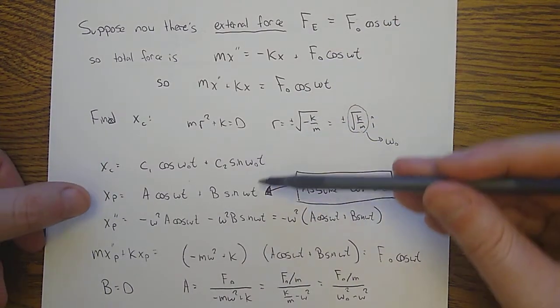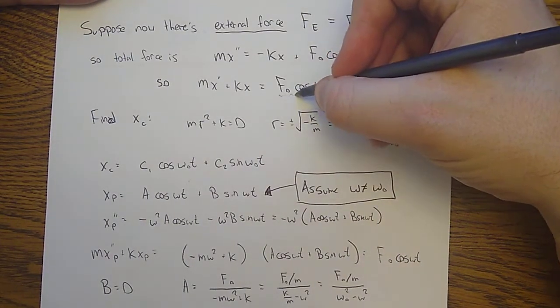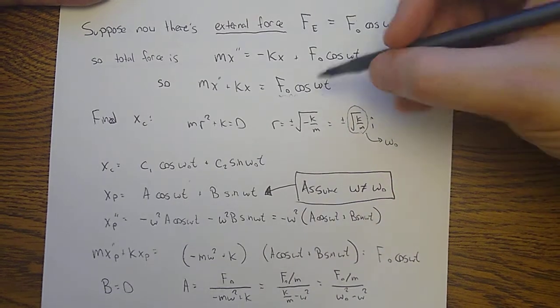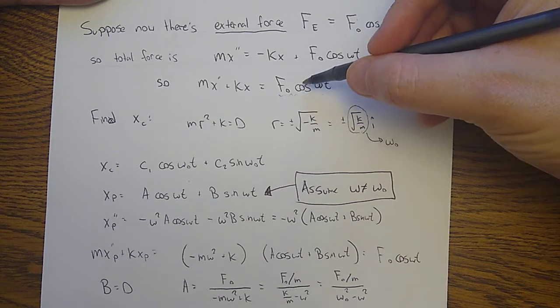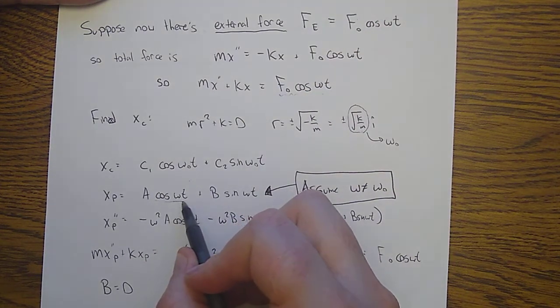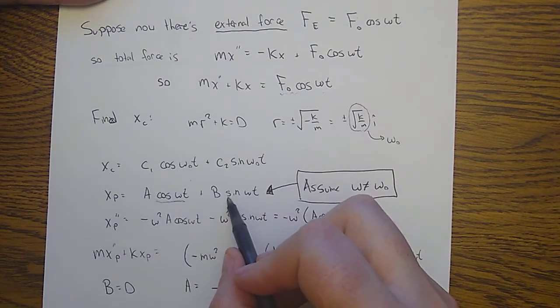We should also find a particular solution, so here we use the method of undetermined coefficients. I look here, I see cosine omega t, so I should guess that my particular solution takes the same form, so maybe it should involve a cosine omega t. But if you remember, when we're doing this, sines and cosines go hand in hand.